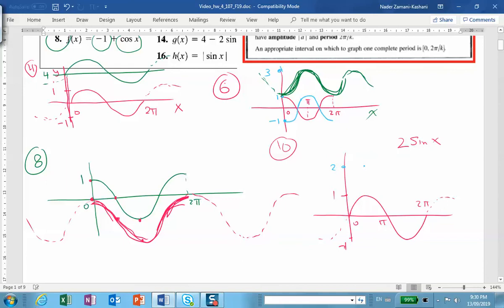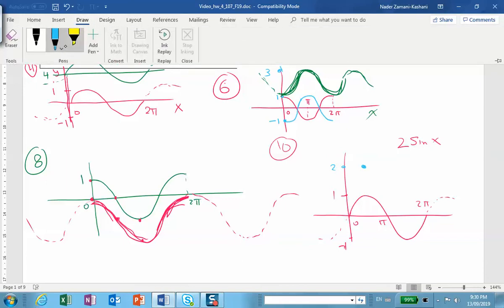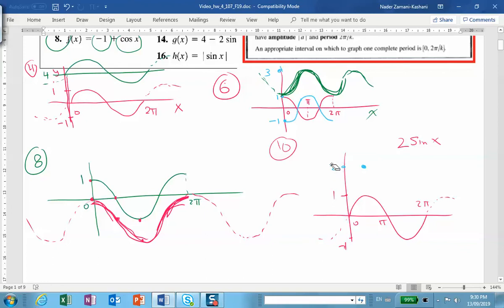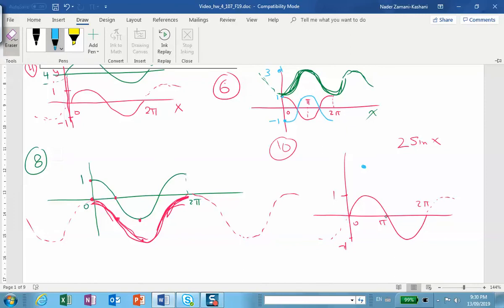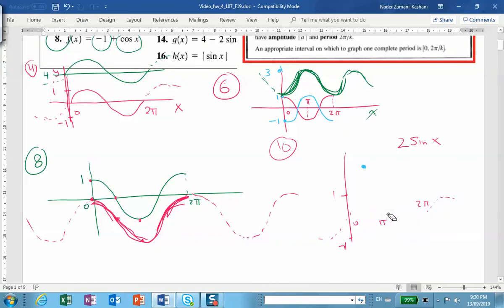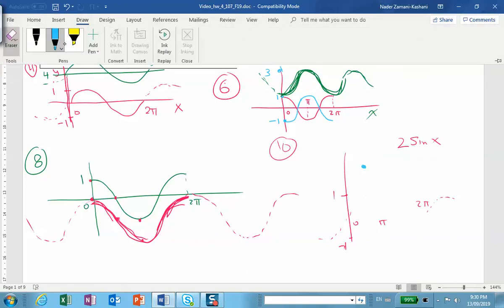Let me erase that for you. Okay, good. So yeah. So this is multiplied by 2. Of course, you multiply. I didn't mean that. So let me see. Red one.